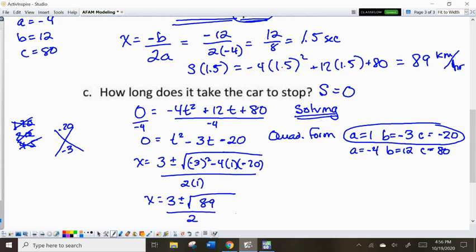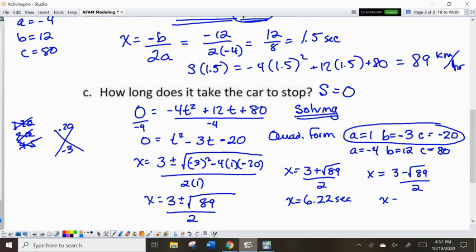And because we're talking about the real world where we wouldn't express speed as a radical, 3 plus or minus the square root of 89 over 2, I'm going to break this out into the two solutions, use a calculator to simplify, and get my answer for how long it took this car to stop. So we have 3 plus that root over 2. And again, go to your calculator, plug that in. That simplifies to 6.22, which would be seconds. And 3 minus the square root of 89 divided by 2 would give us -3.2 seconds.